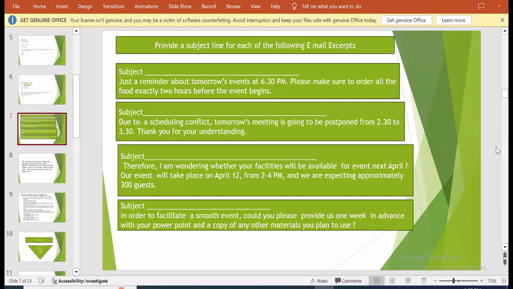Then what will happen? You have decided one subject line and your content will be different. The person will think that there is no connection between the subject line and the body of the email. Clear? Okay, sir. First email, then subject. Okay, sir. Clear.